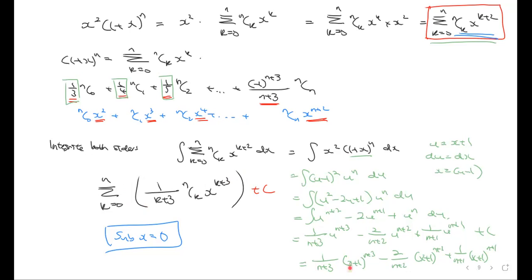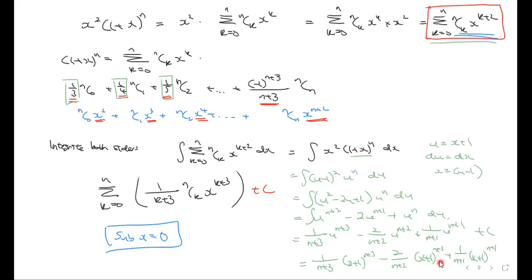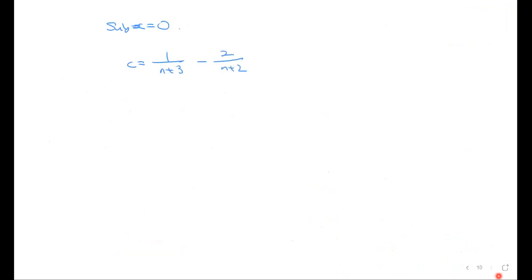This becomes 1, so it's 1 over n plus 3, minus 2 over n plus 2, plus 1 over n plus 1. And that is our c.